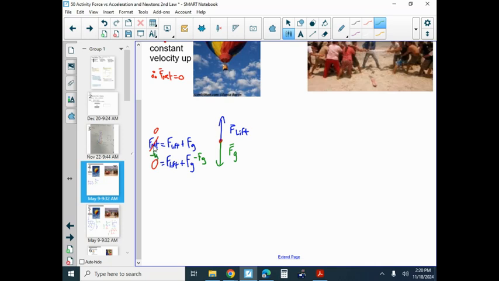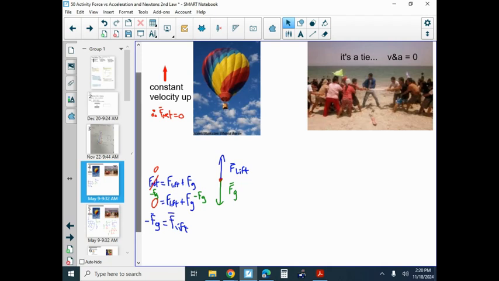So if what I did there wasn't intuitively obvious, this kind of proves that it's true as well, right? So F lift equals that negative Fg value.